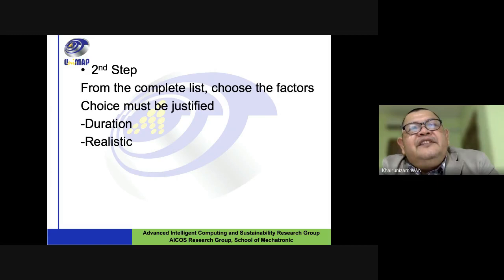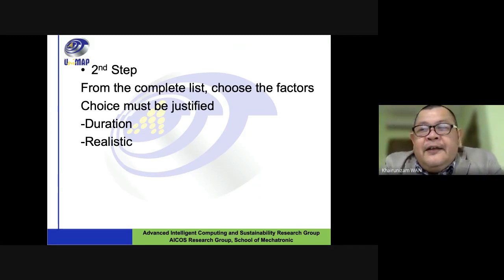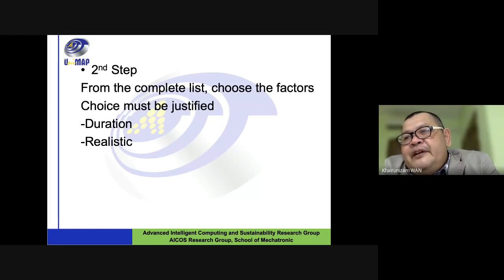The example justification here is duration and realistic. Look at your final year project duration, it is only 1 year, and for the experiment it's only 6 months. For the proposal is 6 months. So you choose the factor that is suitable for your project duration. Realistic is also one of the important criteria, probably related with budgeting, for example.